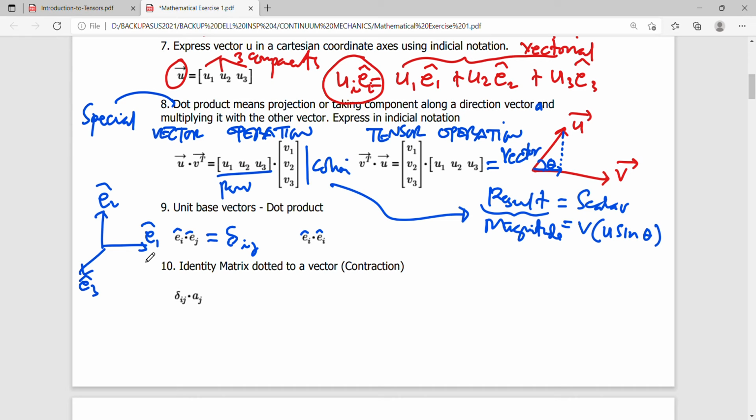Okay, so if I make use now of a matrix, E1 E1, and then E1 E2, then E1 E3.